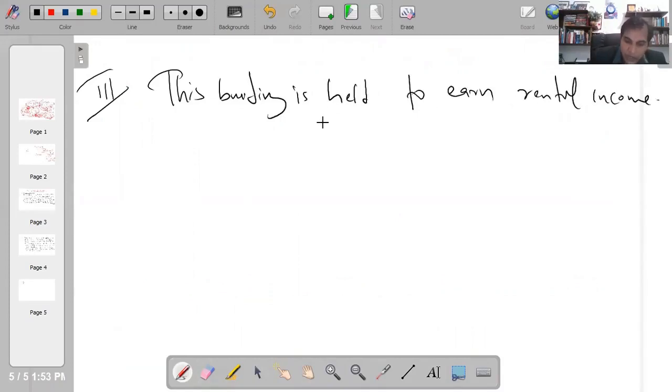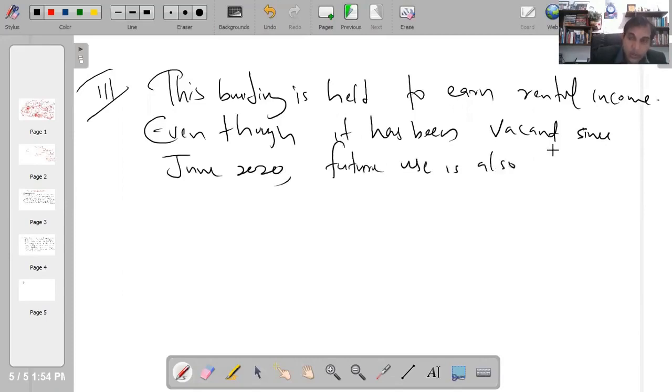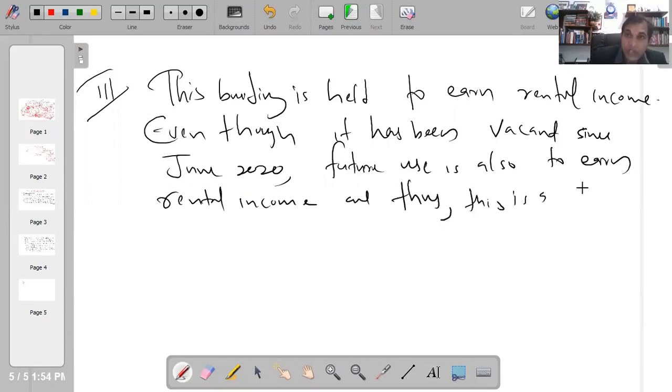Even though it has been vacant since June 2020, the future use is also to earn rental income, and therefore this is an investment property.